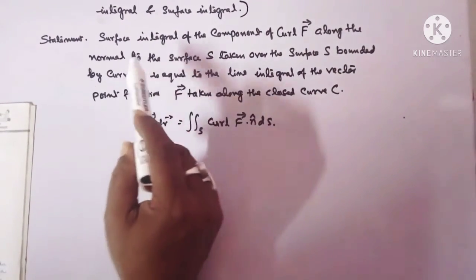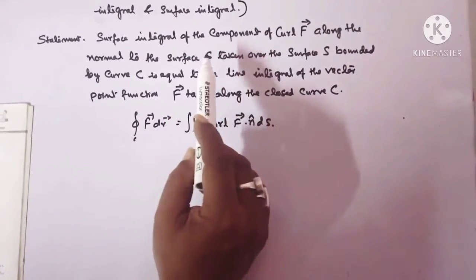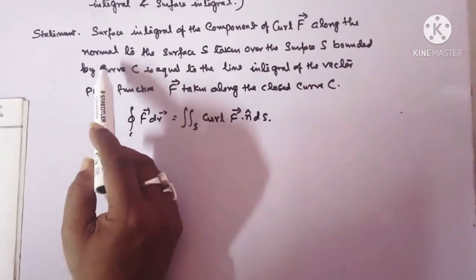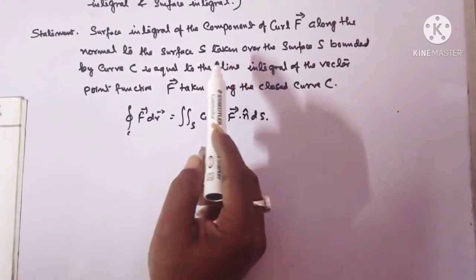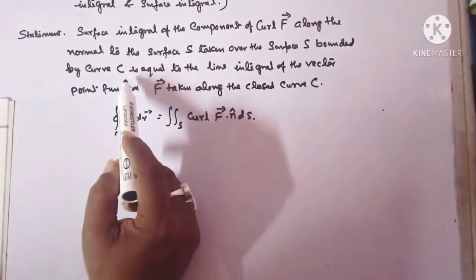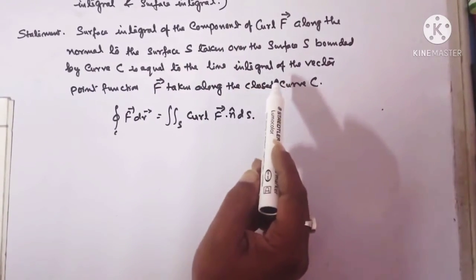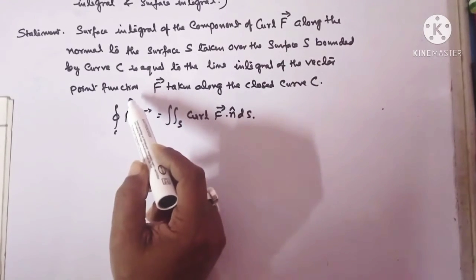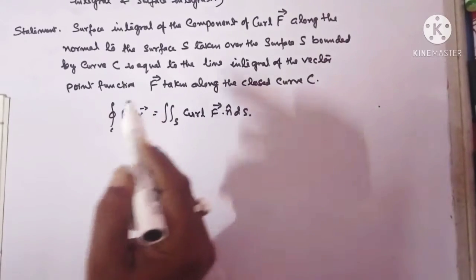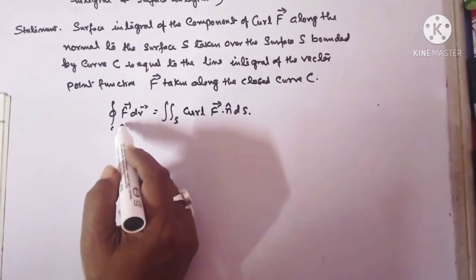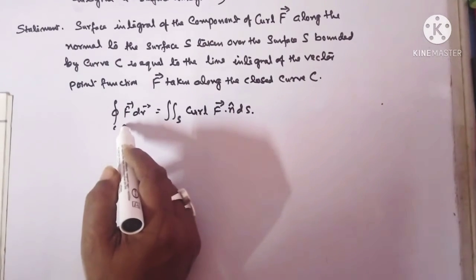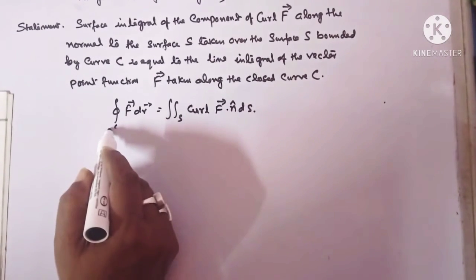And the statement is: the surface integral of the component of curl f along the normal to the surface S taken over the surface S bounded by the curve C is equal to the line integral of the vector point function f taken along the closed curve. Here this f is the vector point function.